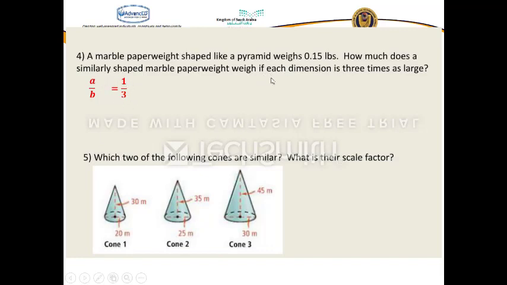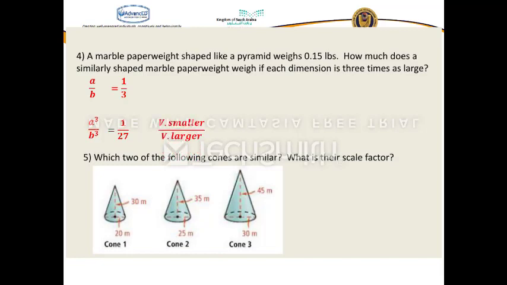Since we need to find the volume, here we have the volume 0.15 pounds. Then we need to find the other volume. We will write the ratio of the volumes, a cubed to b cubed, making the scale factor cubed, then 1 over 27.